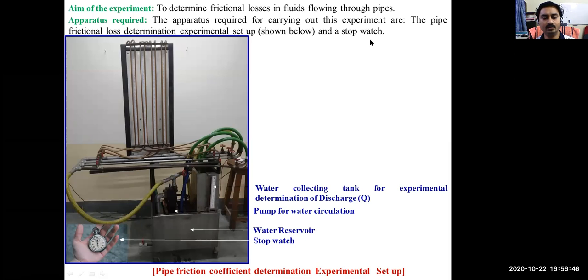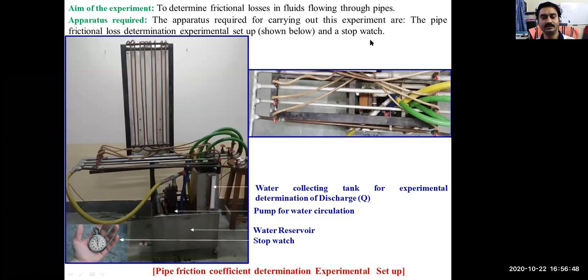Fine. Okay. Next is this view. Here I have tried to show you this portion, the top view. You see that here the water is going and is bifurcating into four sections. So you have four different pipes here.